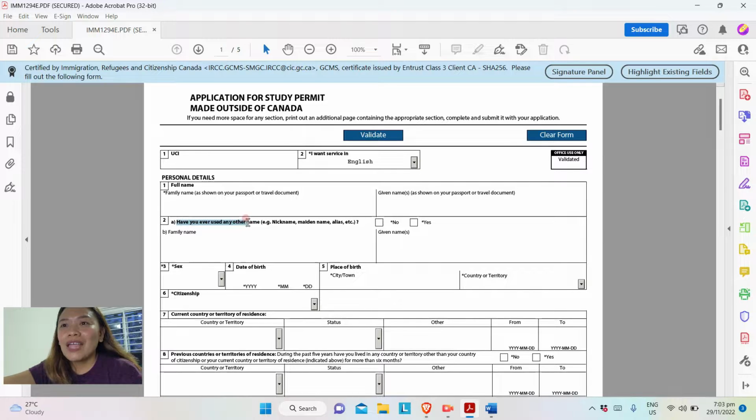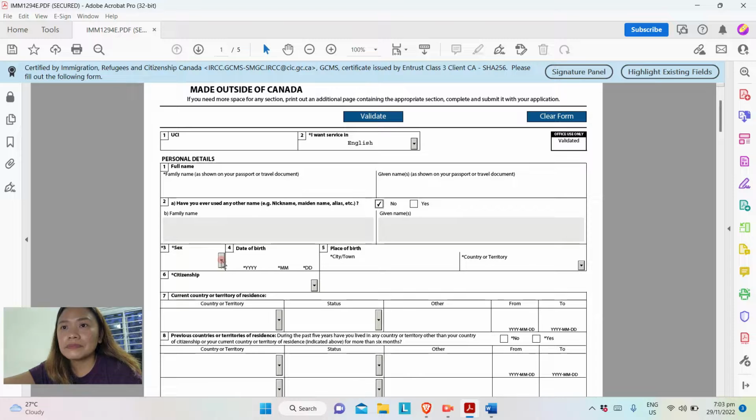Next, have you ever used any other name, for example a nickname, a maiden name, or an alias? If you are a female and married, you would have to say yes and then put your maiden name here, the name you had before you got married. If you're still single, just say no and it will gray out automatically.